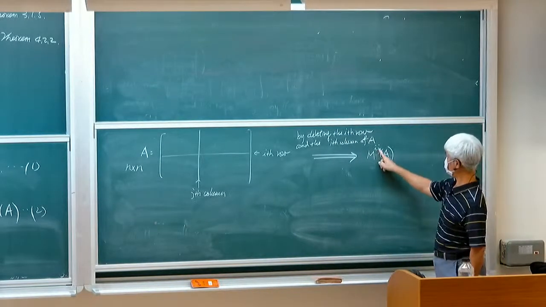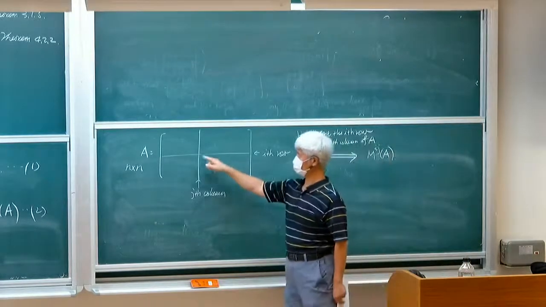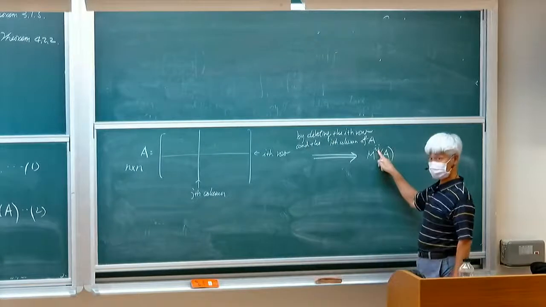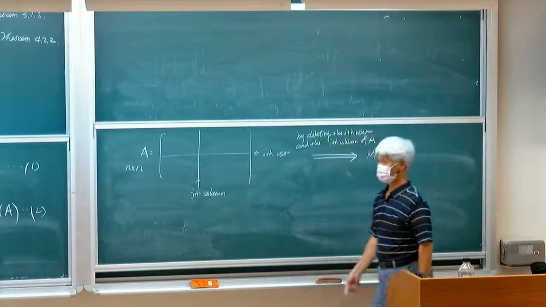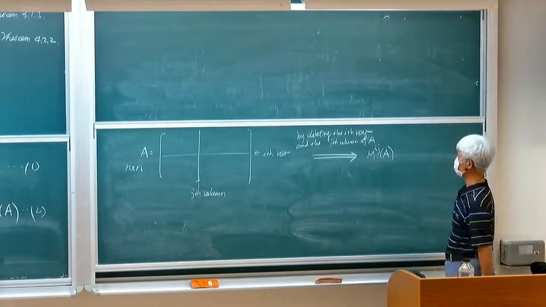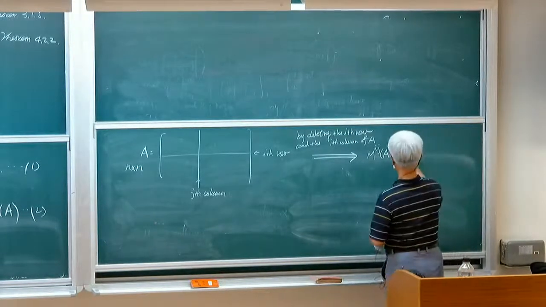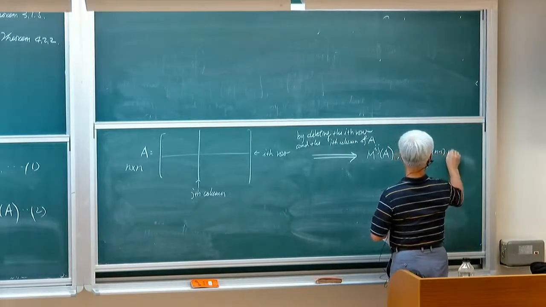The subscript ij means that the first index i means we delete the ith row, and the second index j means we delete the jth column. This operation is on A, and the result is an n-1 times n-1 matrix.